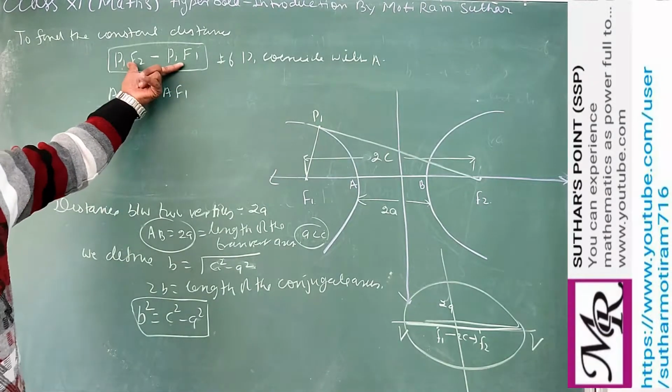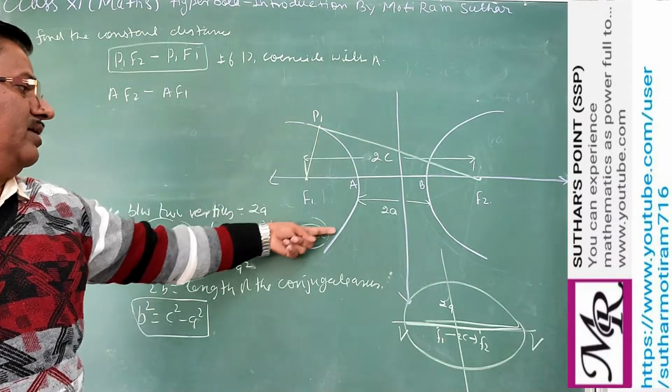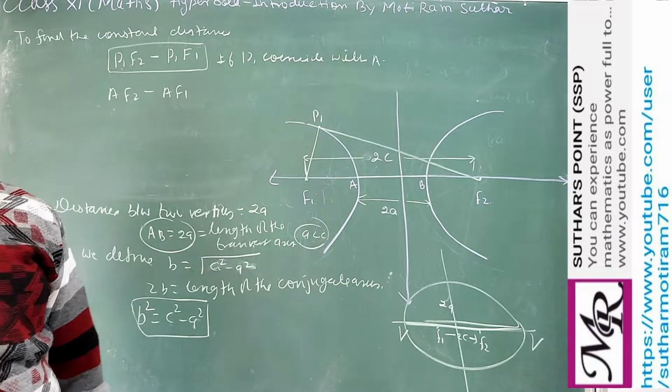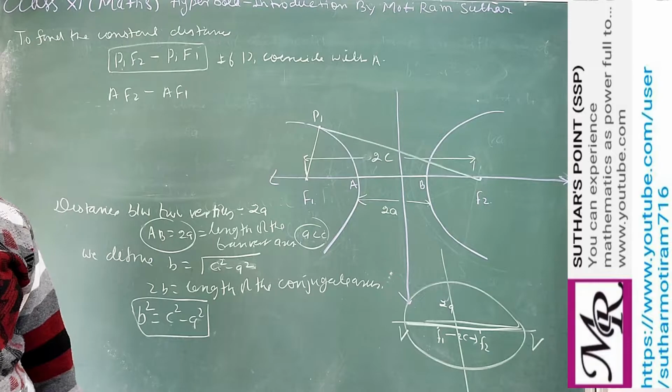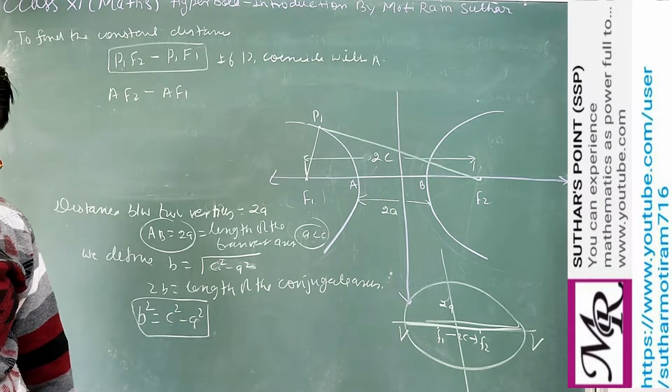To find this means the same as to find the constant, because this is the definition, the same at every point, at every position. This difference of the farther point minus the nearer is always constant.